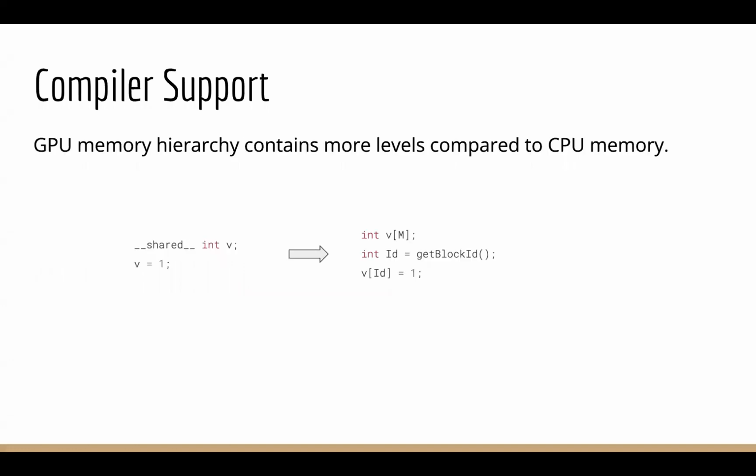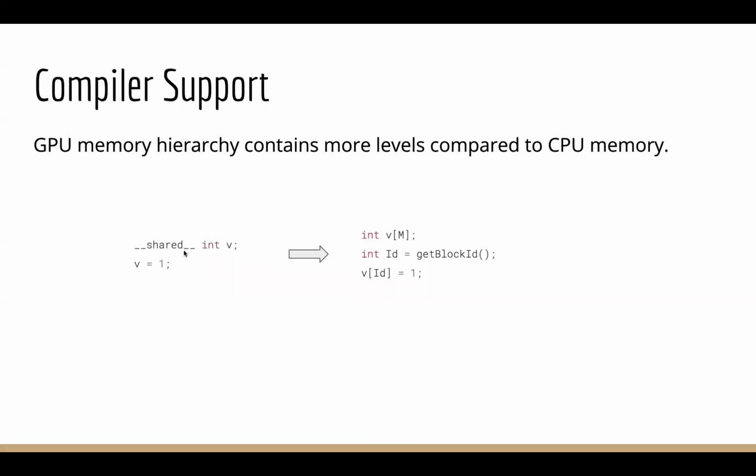Another thing we have to support in the compiler is memory: the GPU memory hierarchy contains more levels compared to CPU memory. One of them is shared memory. In the device runtime, or even in the user's code, they may use a shared variable. A shared variable is only visible within the thread block, right?